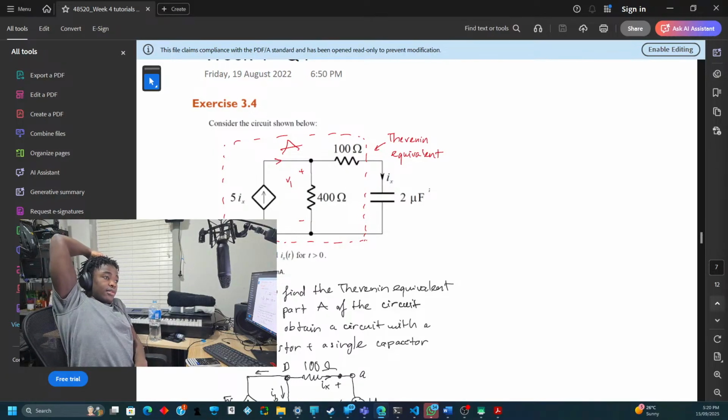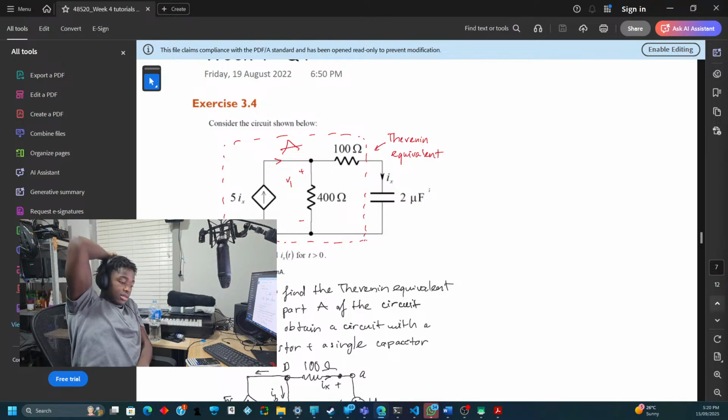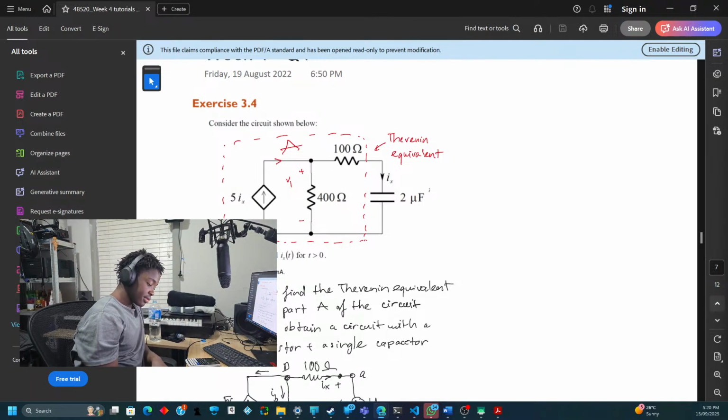Okay, so we have to substitute the capacitor, C times, so Ix is equal to 1500 C dIx over dt.